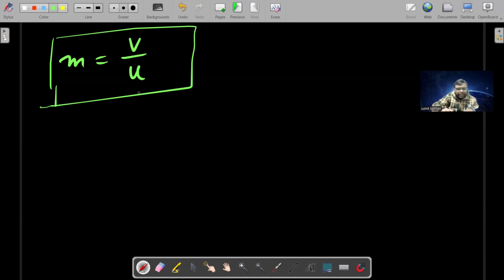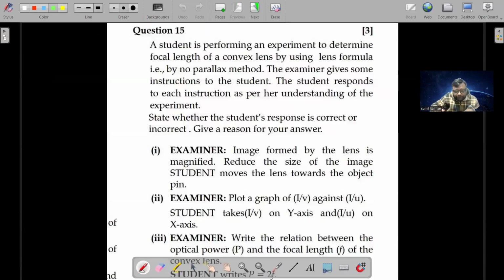So if you increase u, then m will decrease. And if you decrease u, then m will increase. You can see from this formula. So the image formed by the lens is magnified, reduce the size of the image. The student moves the lens towards the object.